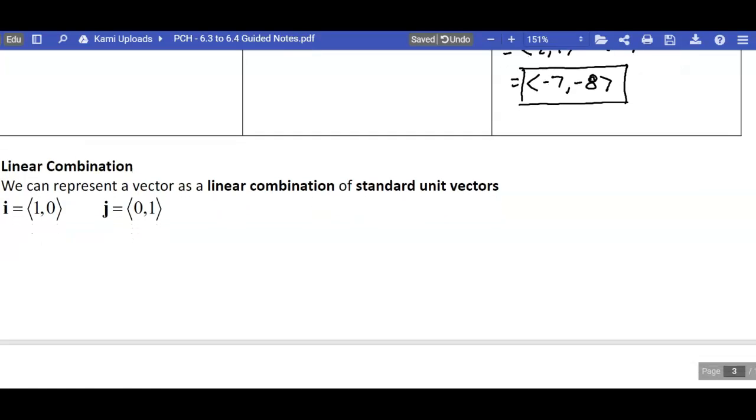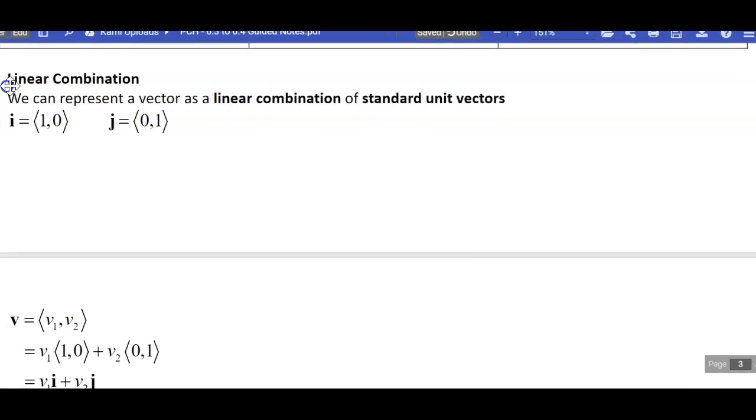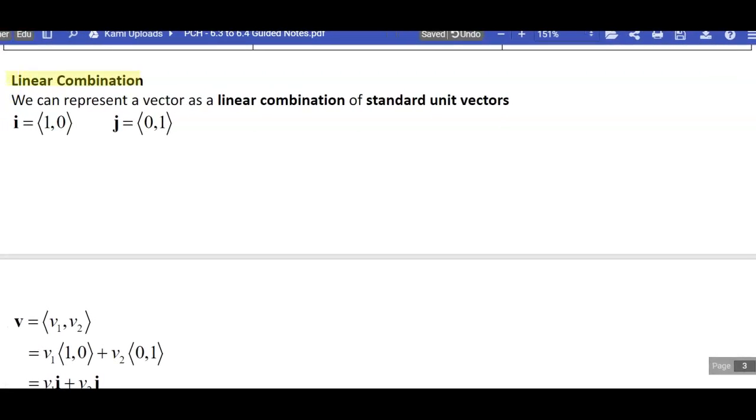All right, so next we're going to talk about linear combination. So for linear combination, we're going to be using these two standard unit vectors. So when I talk about the word unit, we're talking about something with a length of 1. Okay?